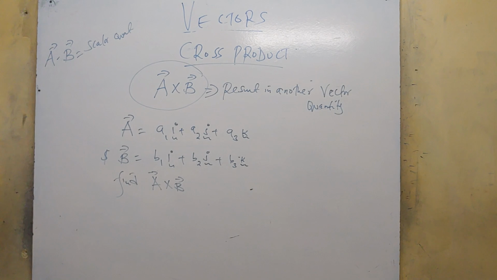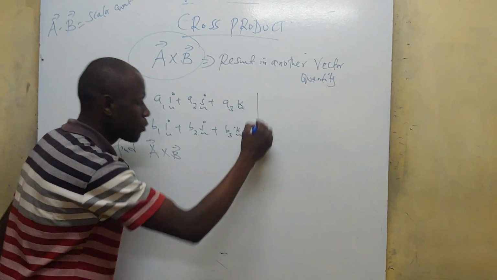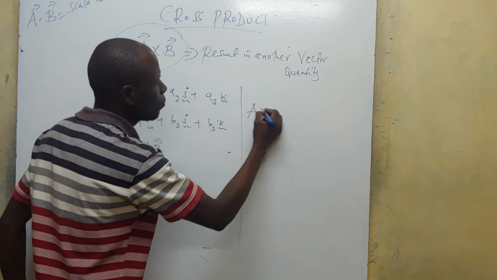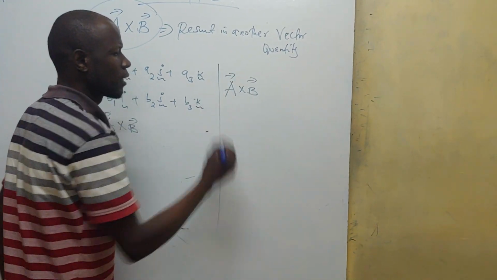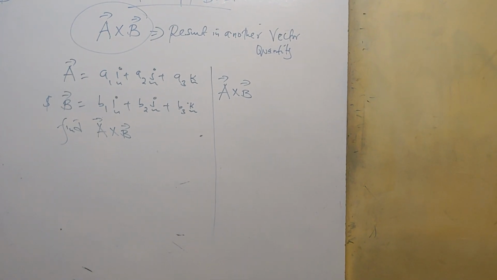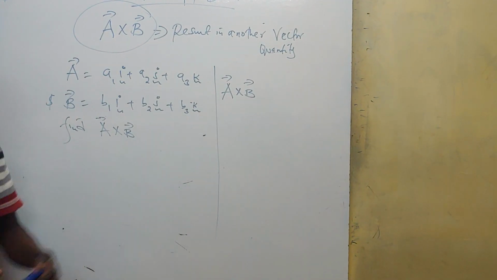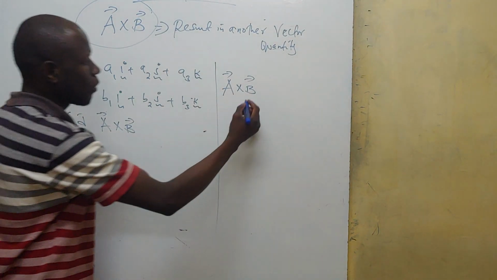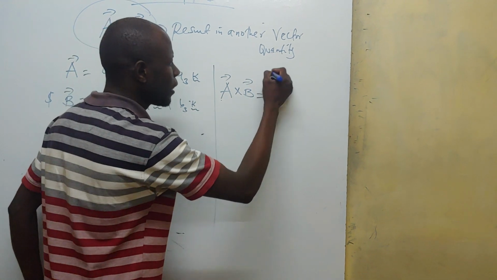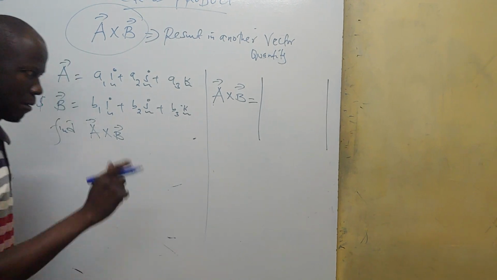The cross product between two vectors A cross B is always given by the determinant of a 3 by 3 matrix.